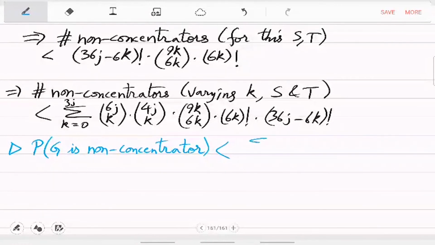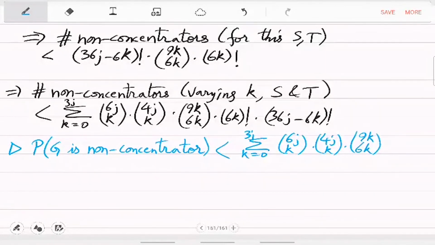So you get the sum over all these k's of 6j choose k, 4j choose k, and 9k choose 6k divided by 36j factorial, and with these remaining terms you actually get 36j choose 6k.